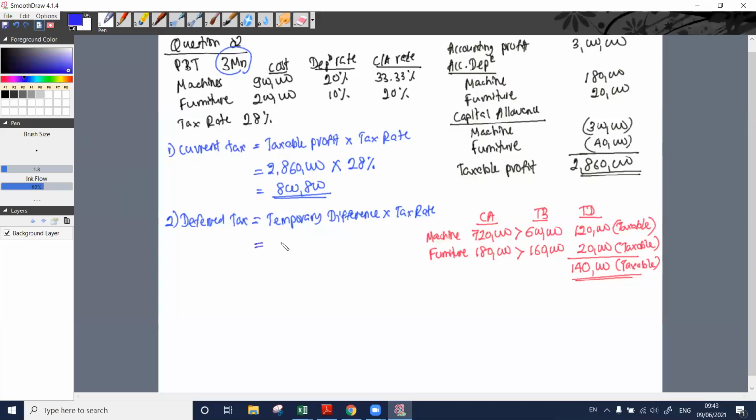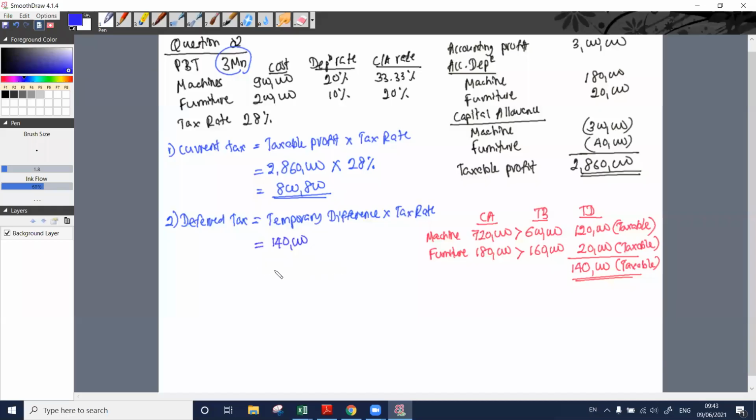Right. So we have found the temporary difference, a taxable temporary difference worth 140,000. This we need to multiply by the tax rate. The given tax rate is 28%.